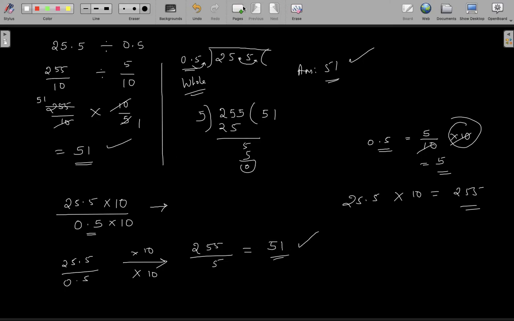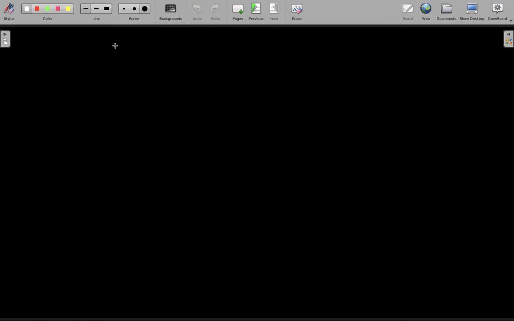You understand? Let us look at another example. Suppose I have a decimal number, say 11.88. I want to divide this by 5.4. By the direct division method, how are we going to do this? When I want to divide 11.88 by 5.4, I have a decimal number as a divisor. What I want here is a whole number divisor.